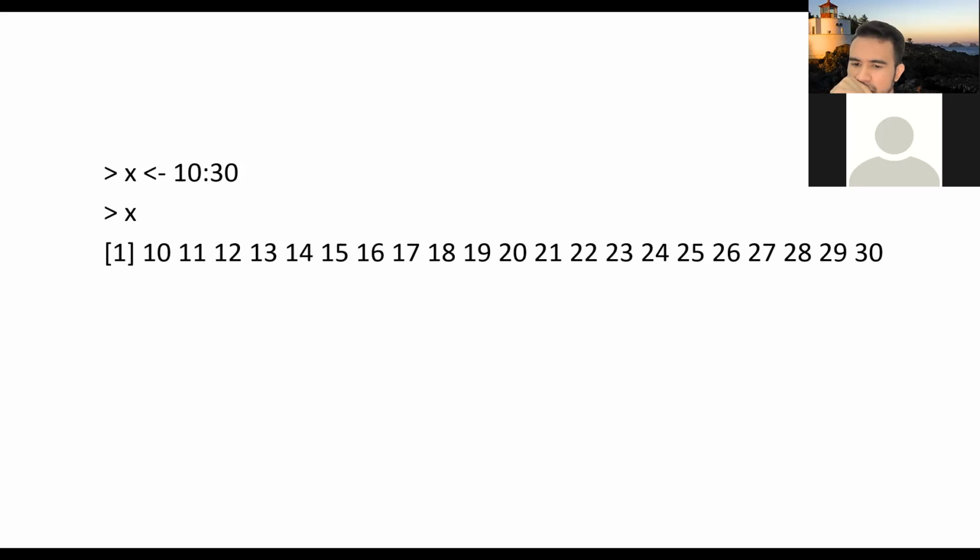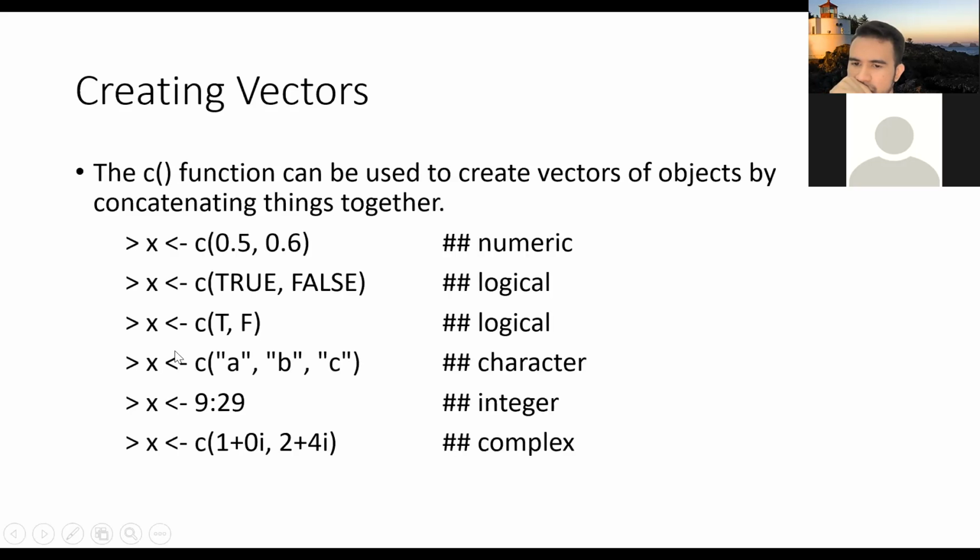Then you can put this, and then you can also check the class, like the one that we showed just now. Check the class. This is complex, exponential, and then this is integer.